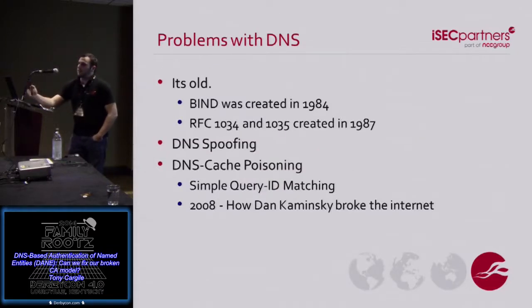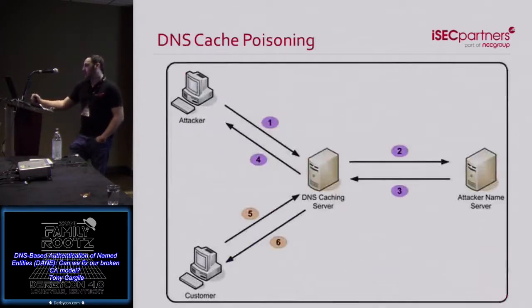So that's the most apparent problem with DNS, but then there's also the issue of DNS cache poisoning. The first problem was that all it really takes to forge a DNS response is the query ID, and that's a 2-byte identifier for the request.